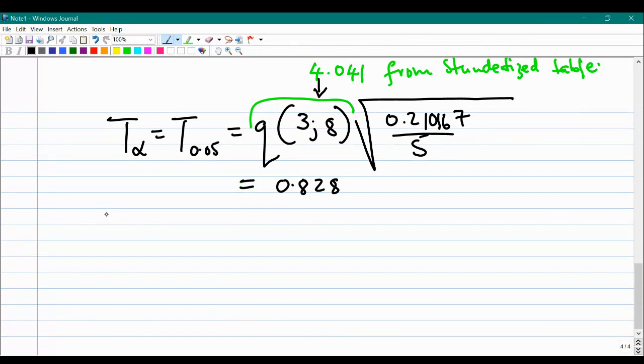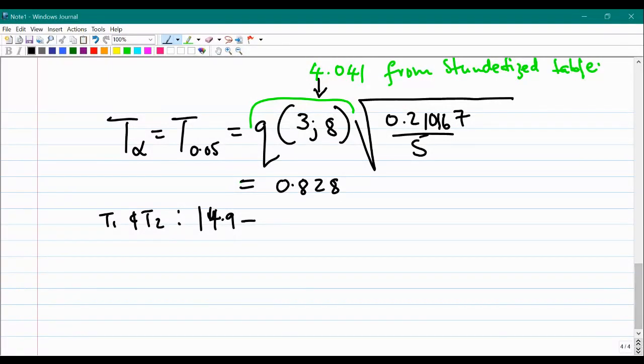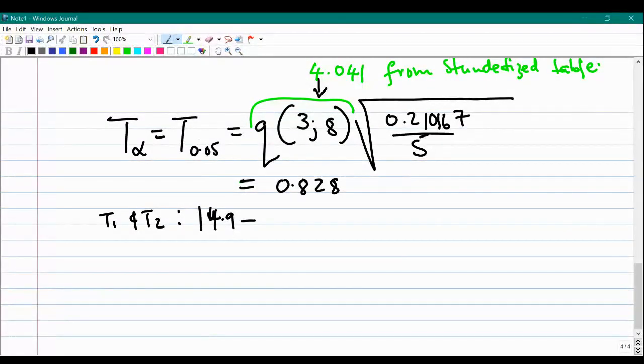Now let's do the comparison. T1 and T2. What is the first treatment, is it 4.9 or 4.6? 4.9. 4.9 minus 4.0.